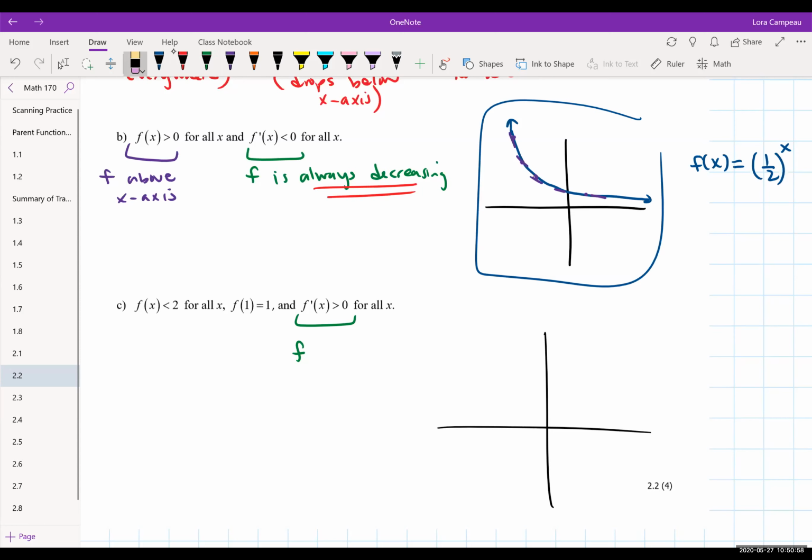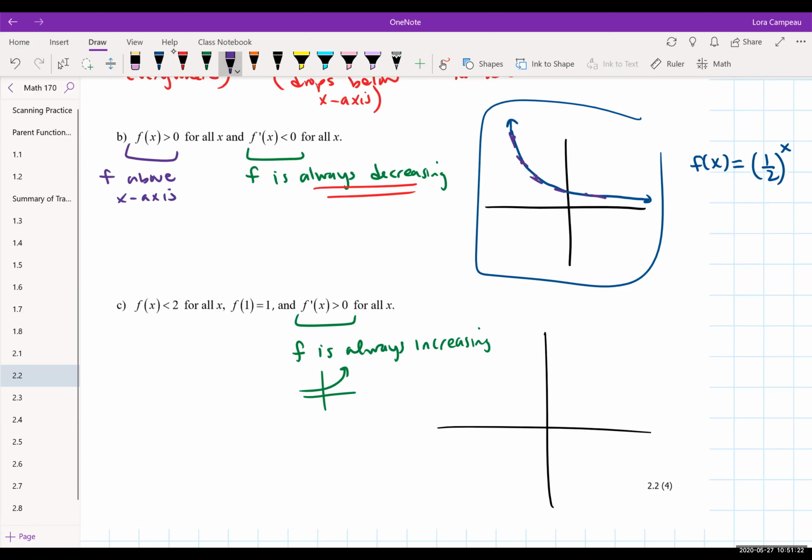If the derivative is positive for all values of x, that means the function is always increasing. And so maybe those exponential functions come back, maybe it's got to be something like this if we're always increasing. But they are a little more specific.